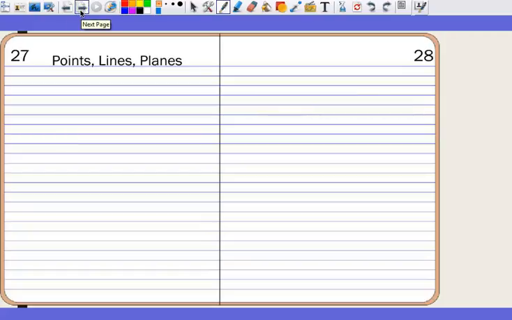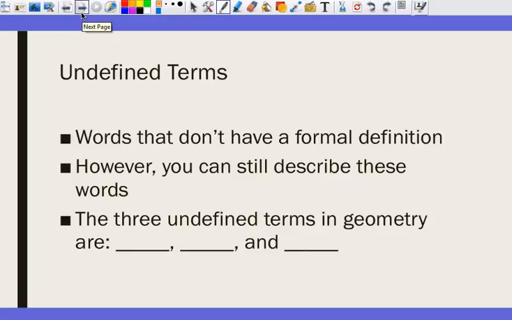All right. You're going to turn one page. This is where we're going to start our notes for today. Your notes for today are going to be titled Points, Lines, Planes. Page 27. Okay, the first definition that I want you to write down is going to be called undefined terms.